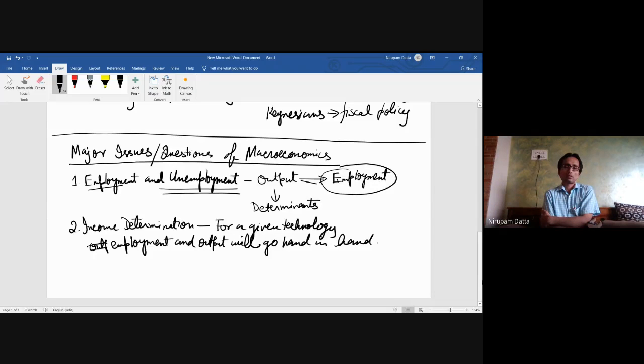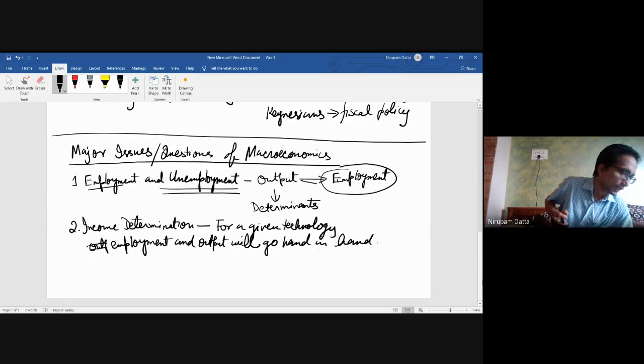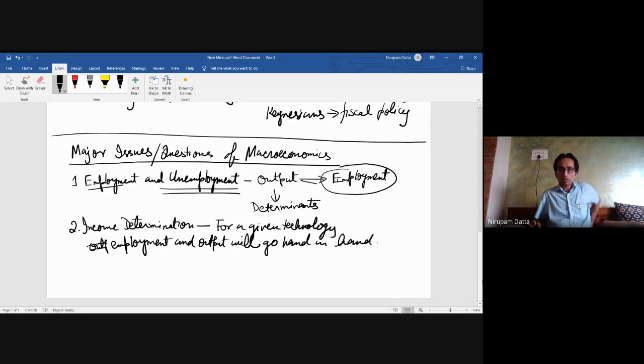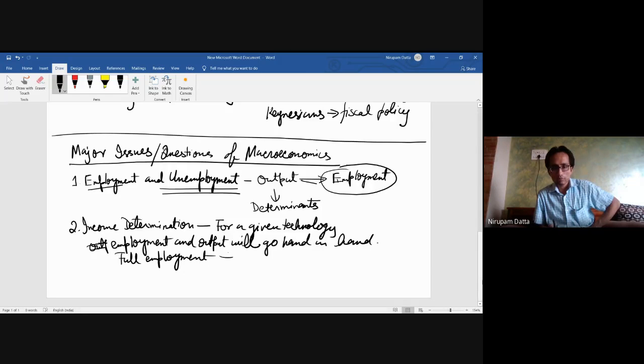Whenever employment increases, output will also increase, and whenever employment decreases, output will also decrease. When the economy is at the full employment level, all the resources, whether capital or labor, will be gainfully employed, and that will lead to full employment equilibrium, where the economy will be at a potential output level, in consonance with the productive capacity of the economy.